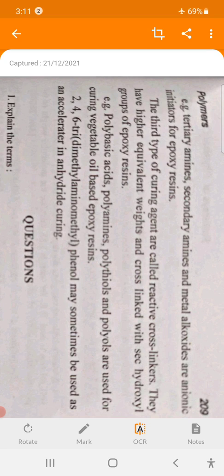Examples of curing agents are tertiary amines, secondary amines, and metal alkoxides that are anionic initiators for epoxy resins.